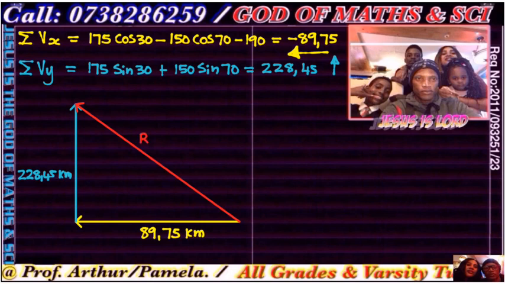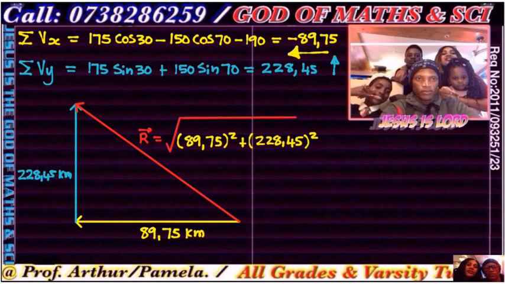Then we can now write the resultant. I'm just going ahead and give them the resultant anyway. The resultant is gonna be 89, there is no need to put the minus. The minus was for the direction. Even if you put it, no problem, because you are squaring. But in a true sense, you don't actually need it. All right, and then let's give a square root of that.